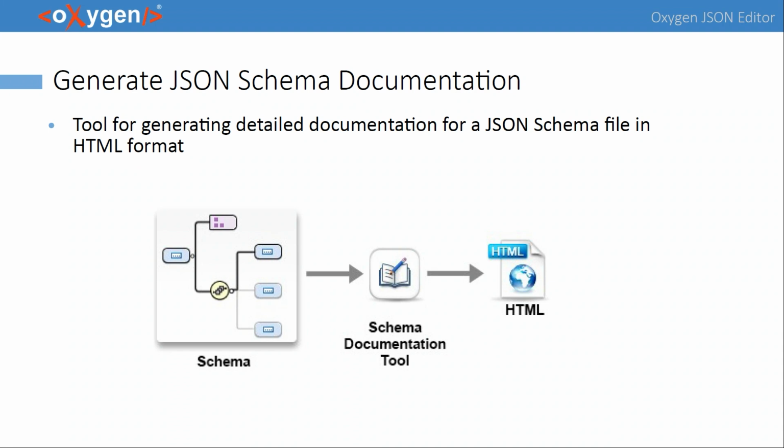One of the additional tools for this is a tool to generate JSON schema documentation based on the JSON schema file you provide. And the result is published in HTML.